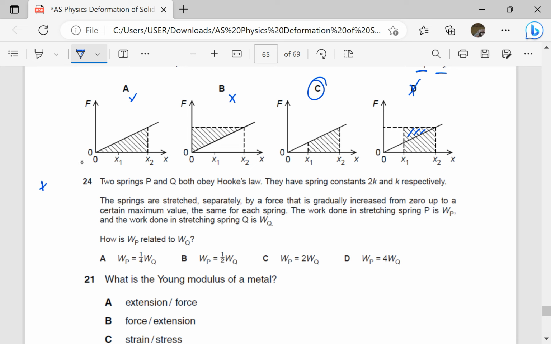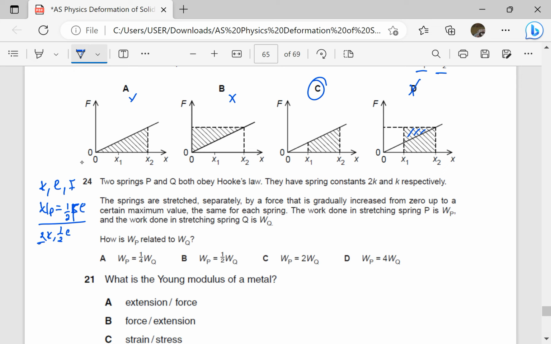For a spring whose constant is k, let its extension be e and the load applied is F. So that means the work done for this spring, which is P, is going to be equal to a half times F times e. That is the work done for P. Then for a spring whose constant is twice k, the extension is going to be a half e.